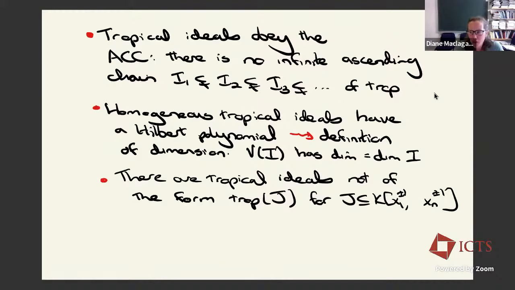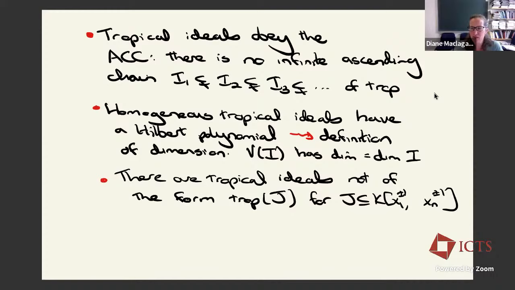And this should seem a little strange to you, because I told you earlier that the semi-ring of tropical polynomials is not Noetherian, right? That we can have these infinitely generated ideals. And in fact, even tropical ideals tend to be infinitely generated. So the example I gave you of an infinitely generated ideal is actually the tropicalization of an ideal.